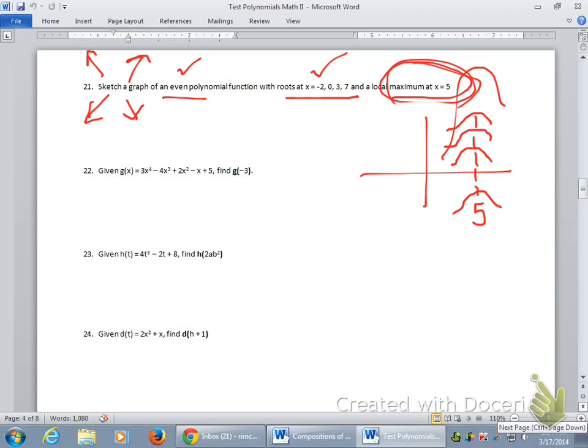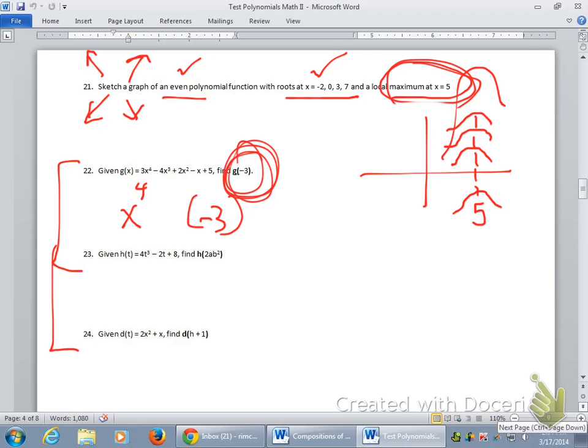Yeah, there's not a lot I'm going to say about 22 and 23. These are the computational mistakes that we went over at the beginning of class. Okay? You have to be careful with it. I will say that if you put a negative in to the fourth power, use parentheses.